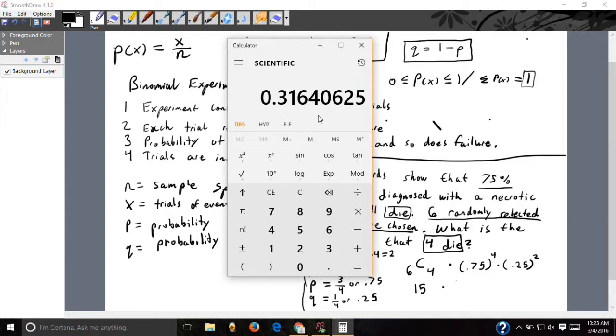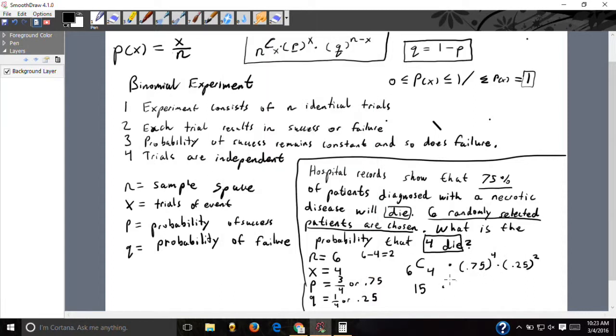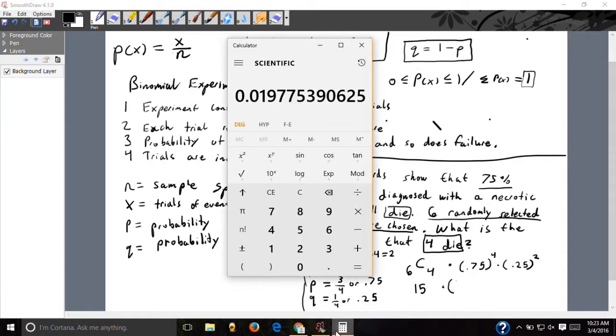So I'm going to take this number in parentheses, 0.25, and square that. Okay, so I get this long running decimal. Now all I've done is simply calculate what these are. So multiply 15 by that long running decimal in my calculator.